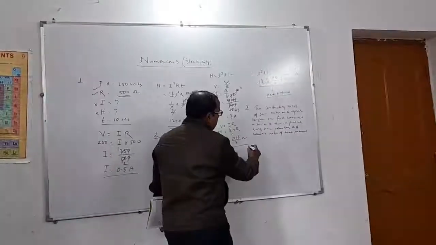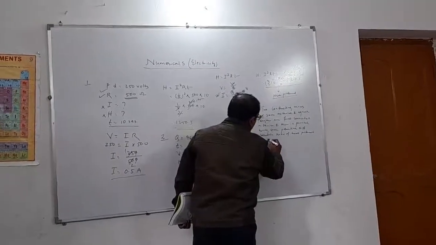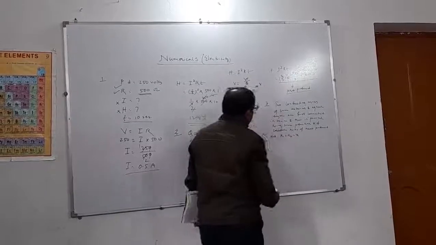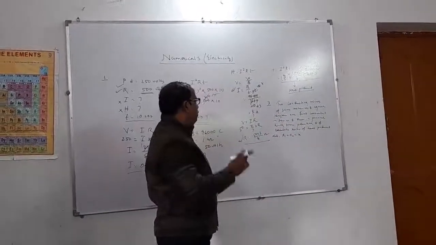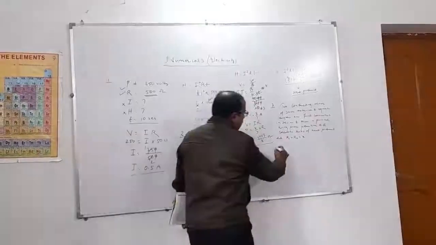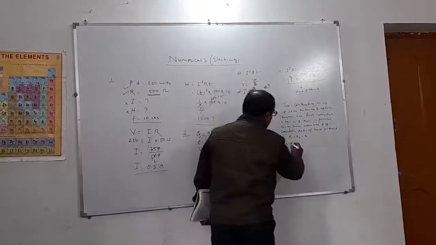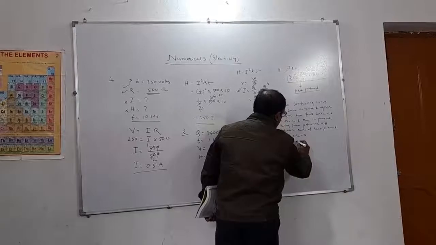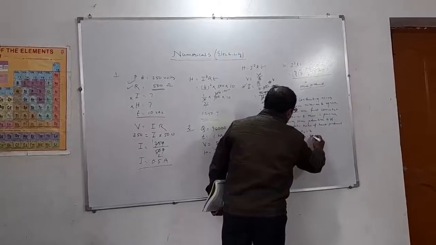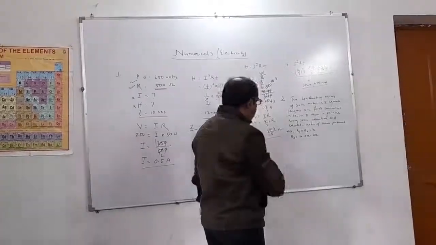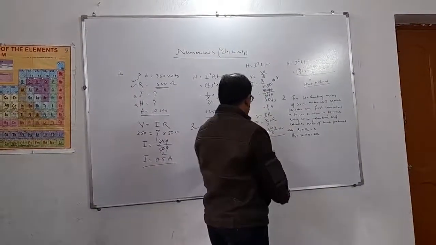Let us consider, let R1 is equal to R2, that is equal to X, and they are first connected in series. That means equivalent resistance Rs is equal to X plus X, 2X, and they have the same potential difference.